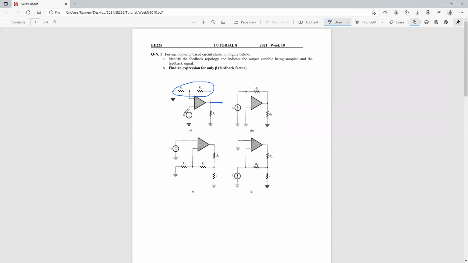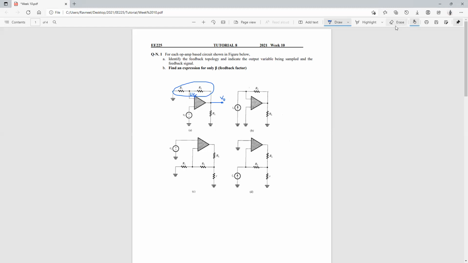The input is a voltage source, and the output is voltage Vout, because the feedback is shunt to the output. If it's a series shunt, we are mixing voltage at the input and sampling voltage at the output. So the feedback over here, this is the feedback that will be given back, will be VF.